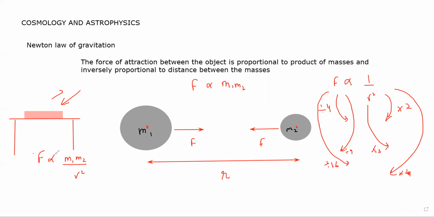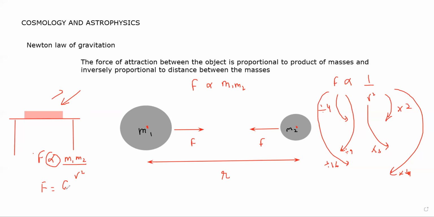Whenever we replace this proportionality sign, because this is a mathematical expression, if we want to make an equation, it must be balanced on the left and right hand side. So whenever we replace the proportionality sign, we always replace it with equal to and a constant.